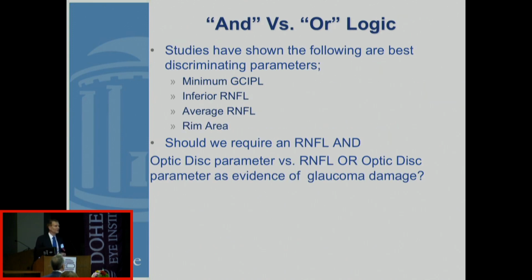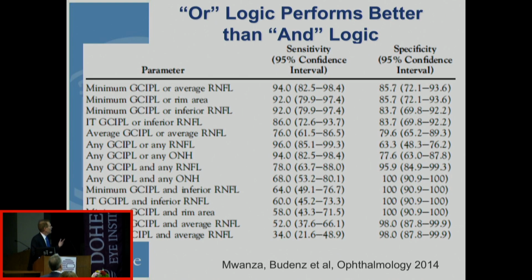So we started to explore this. Should you require a retinal nerve fiber layer clock hour quadrant in the red and yellow and an abnormal GCIPL measurement? Or can you have either one? Can it be and or? And what gives you better discriminating ability without having too many false positives? And so we started to explore this in a very simple manner by looking at the sensitivity and specificity.